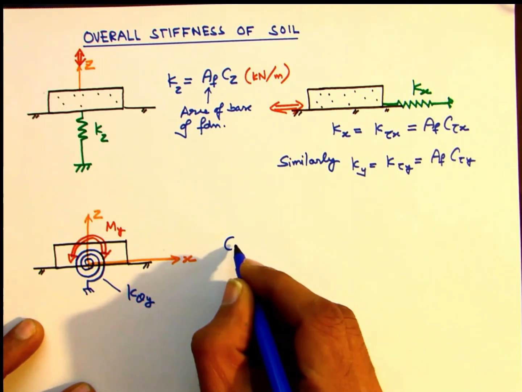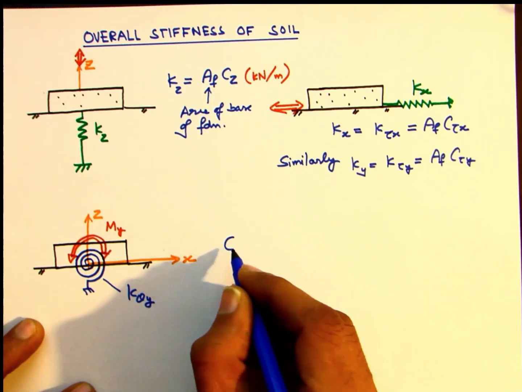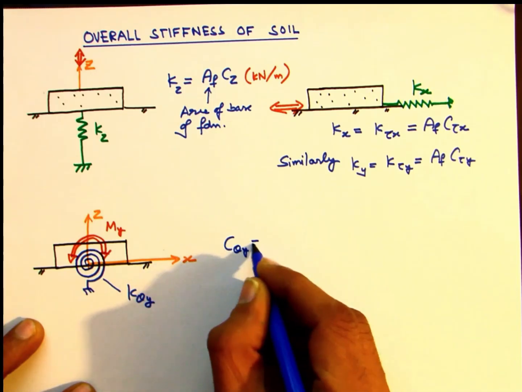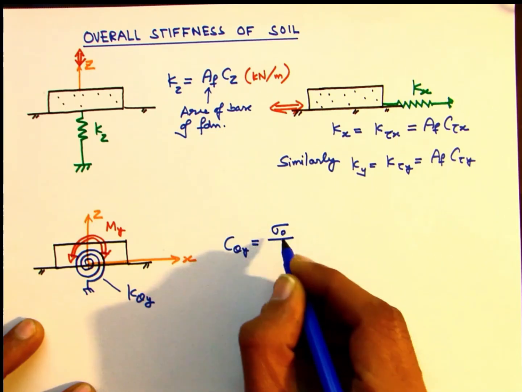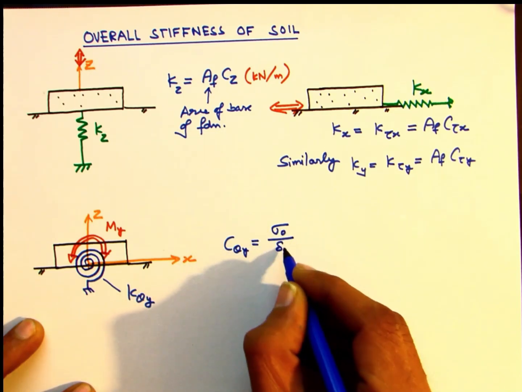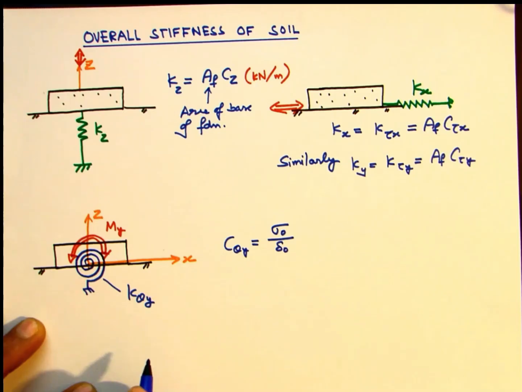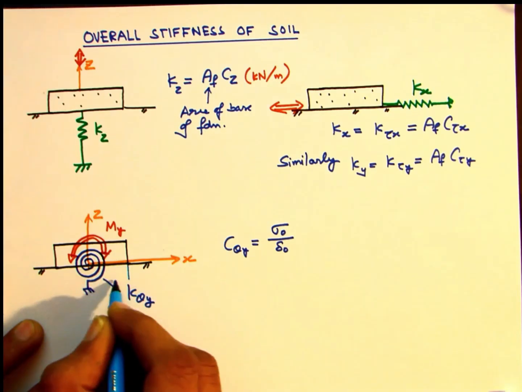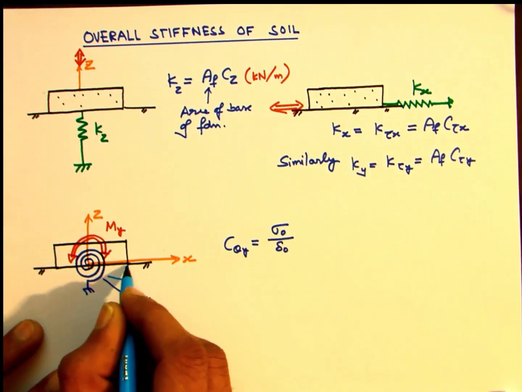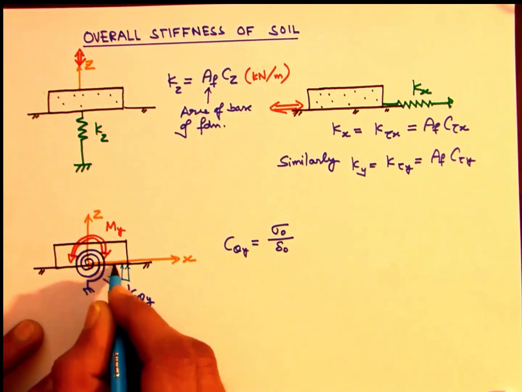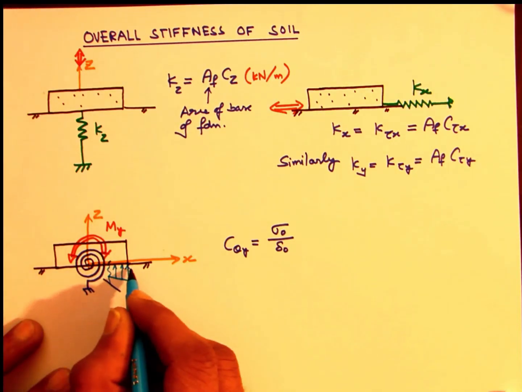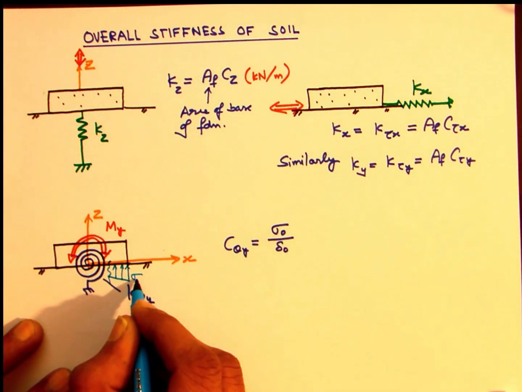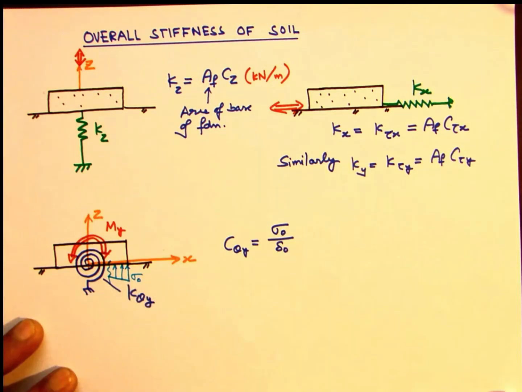To derive an expression for this type of spring constant, we begin with basics. The basic definition of C theta y is the ratio of the extreme stress to the corresponding vertical deflection, that is sigma naught and delta naught.